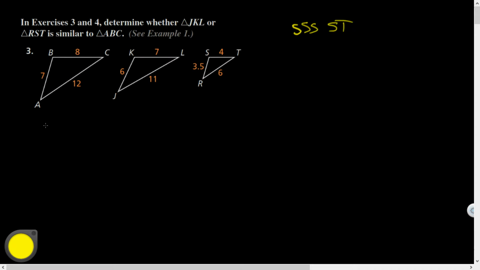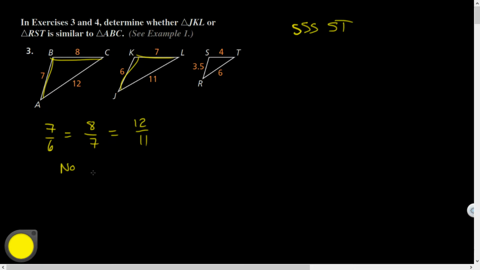So let's see, is 7 to 6 the same as 8 to 7, and is that the same as 12 to 11? None of these fractions reduce, those are not equal, so therefore those are not similar.